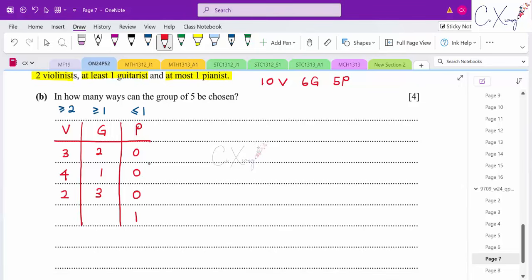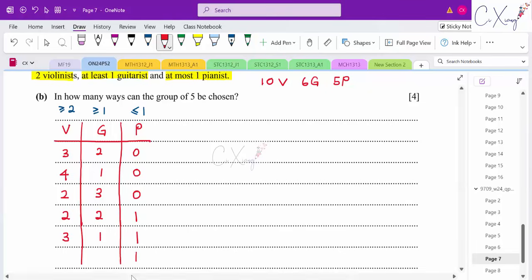If I want to have 1 pianist, then I can have 2 violinists and 2 guitarists. This is one of the cases, 2, 2, 1. If I have 1 pianist, the violinist must be at least 2, so it cannot be 1. So you start from 2, then I increase the number to 3, so this one is 3, 1, 1.